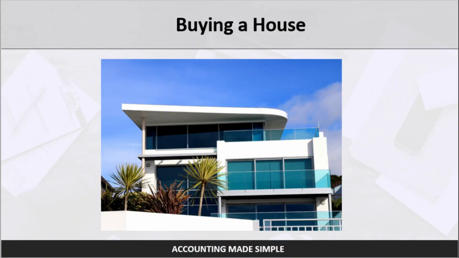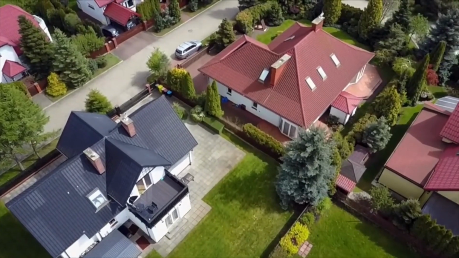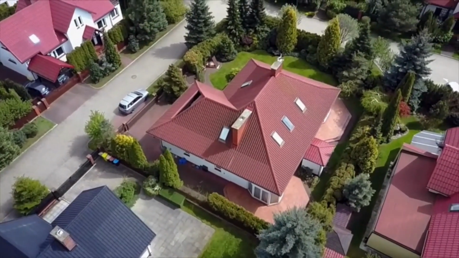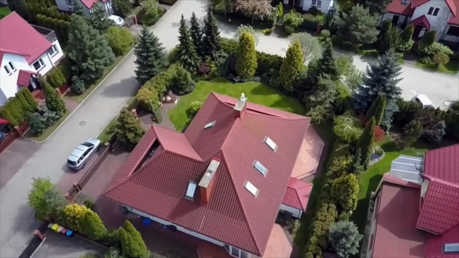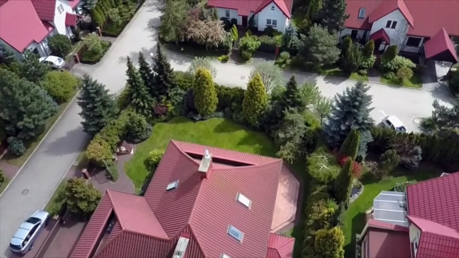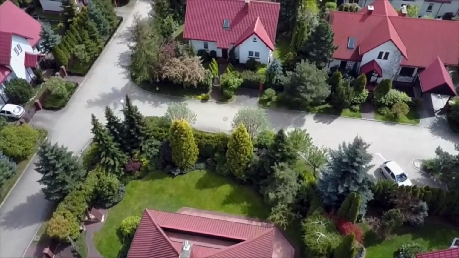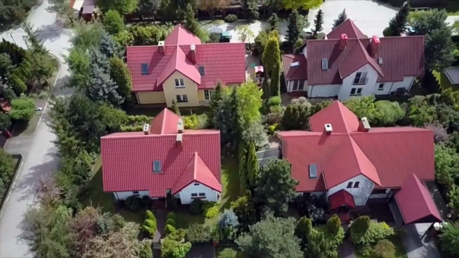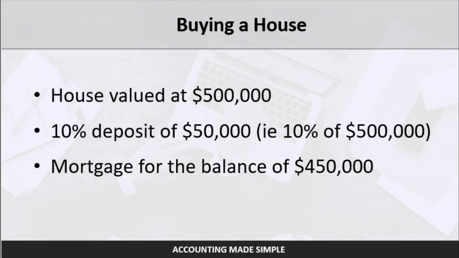Purchase of a house. To further our understanding of the accounting equation and debits and credits, we are now going to introduce one more example from our everyday life: buying a house. Most people understand the concept of buying a house, putting down a deposit of your own money and taking out a mortgage for the balance. Usually when you buy a house, the bank requires that you put down a 10% deposit.